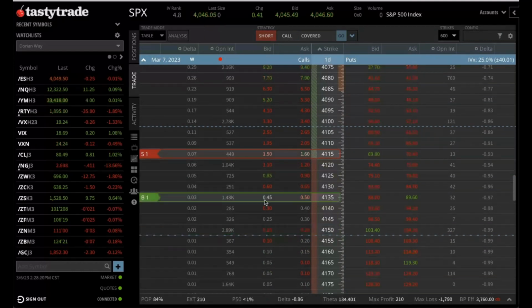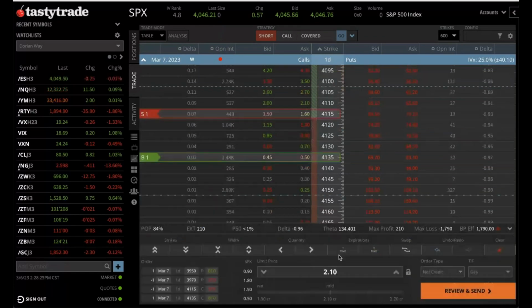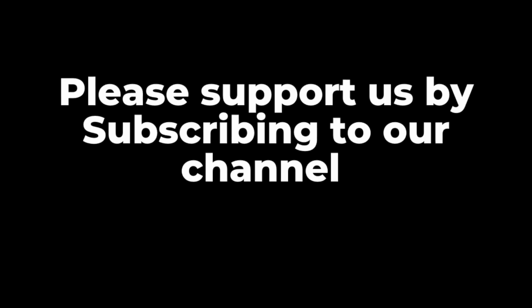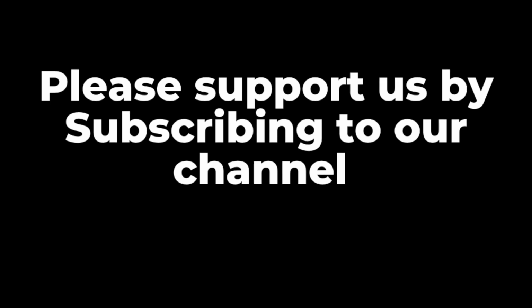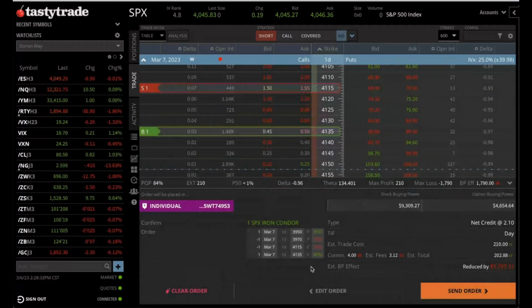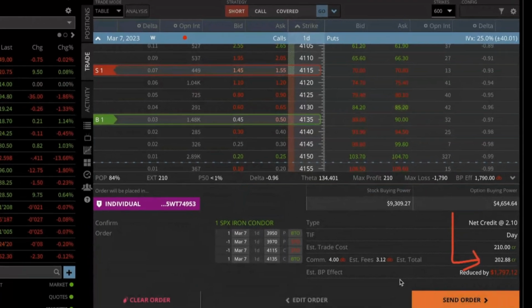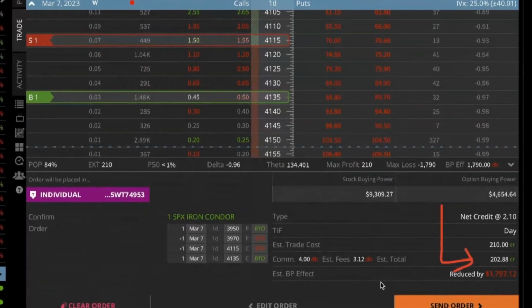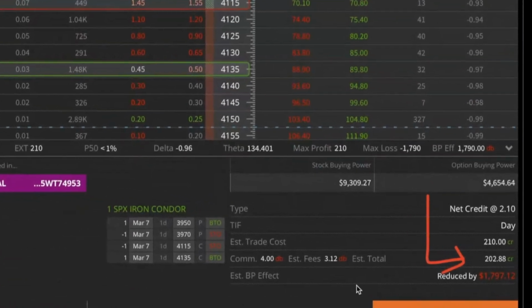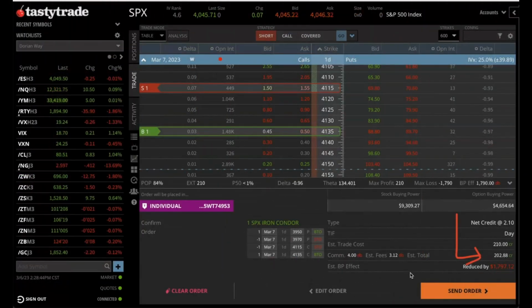All right, so if we did this, now we're getting 210, right? We collected more because we went to the 7 delta on both sides. Now if we say 202 after fees and commissions, once again, we're over here, everyone. The 202, I don't care about the cents. 202 times 70%, that's going to take us to 141. So that's a lot more than we need regarding the 71.